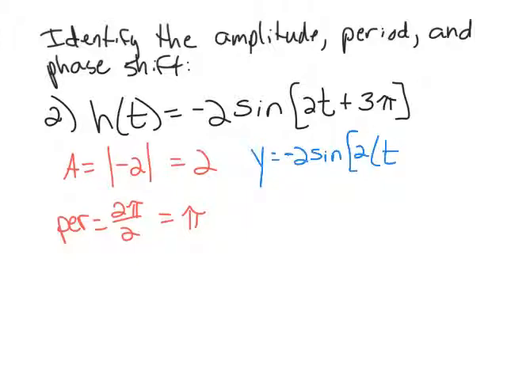When I factor out a whole number, I need to pull a 2 out of a 3 pi. All you're going to do is take this coefficient and divide it into that. So 3 pi becomes 3 pi over 2. Now I can read the phase shift. It's positive, which means it's going to be going to the left, so I'm going to make my answer negative. So the phase shift is negative 3 pi over 2.